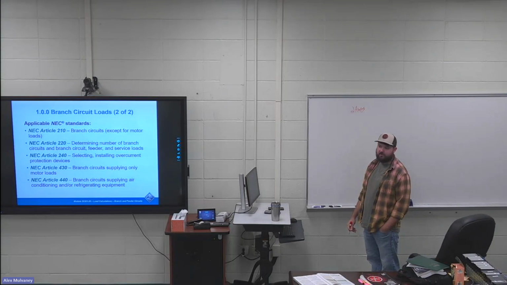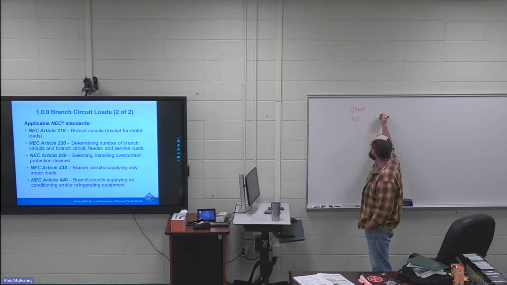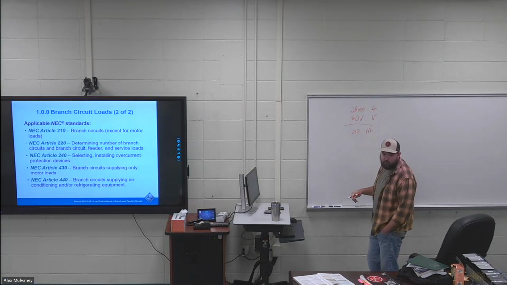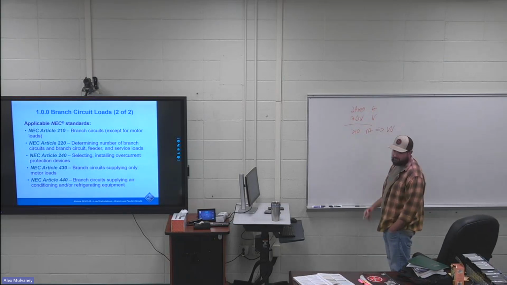What's the voltage in your house for every plug for the most part? 120, right? So this is my amps, and this is my volts. So volt ampere, if I multiply these together, I get 240 volt amps. Volt amps is also equal to a watt.